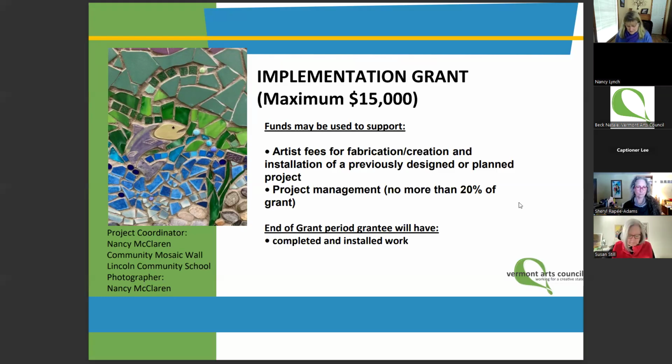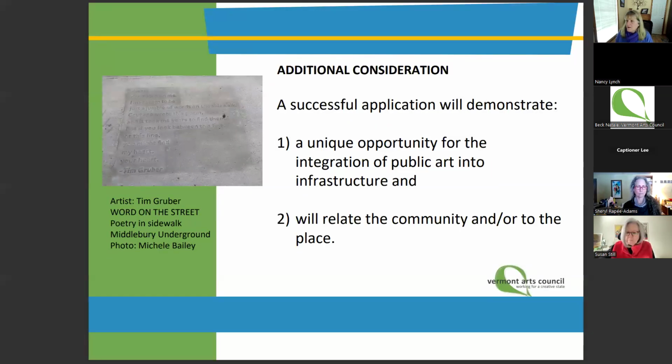All right, so additional consideration will be given for unique opportunities for the integration of public art into the infrastructure. So there is a question in the application that says, why is this important to your community now? There's the timing piece.